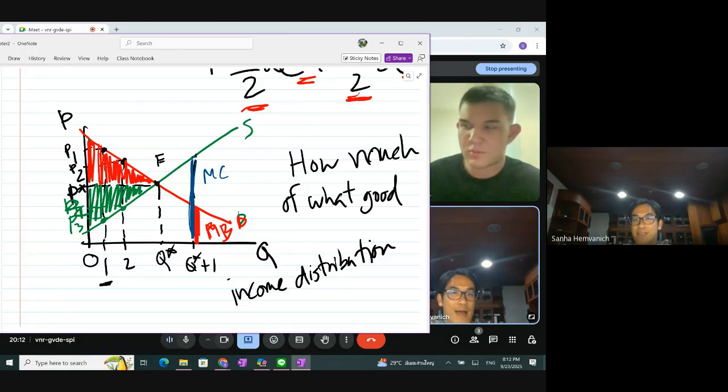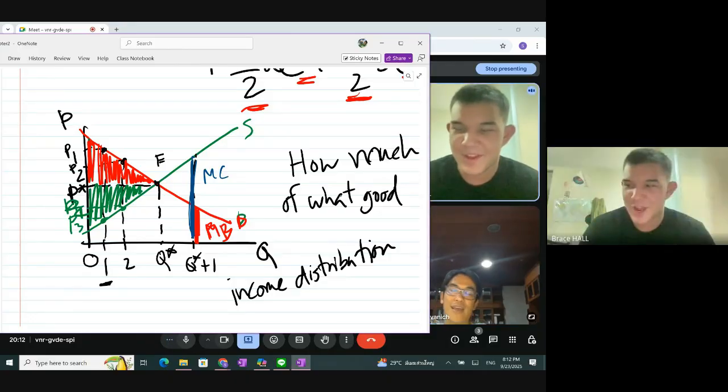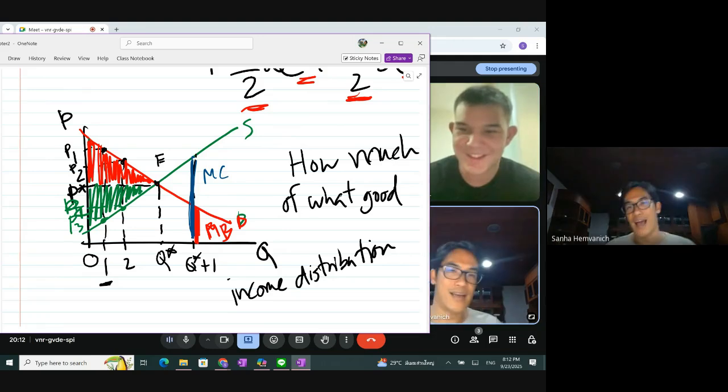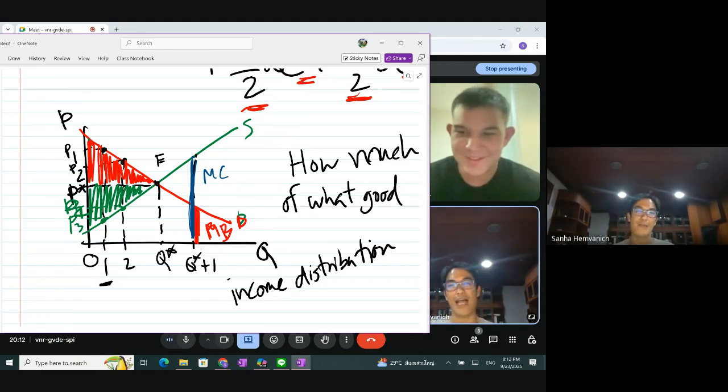But in the US, especially with the Republican Party, they believe that if you work hard, you should earn it. You should enjoy your benefit, and you tax the rich less. They believe that if you want to be rich, you should work hard. But again, you might say that people are already working hard, but they have some endowment that is inferior and they cannot move up the ladder.